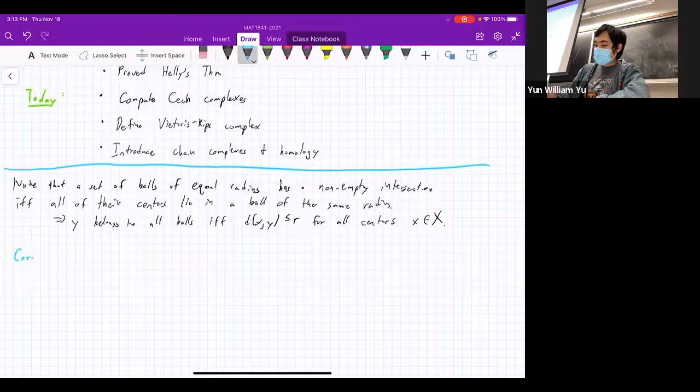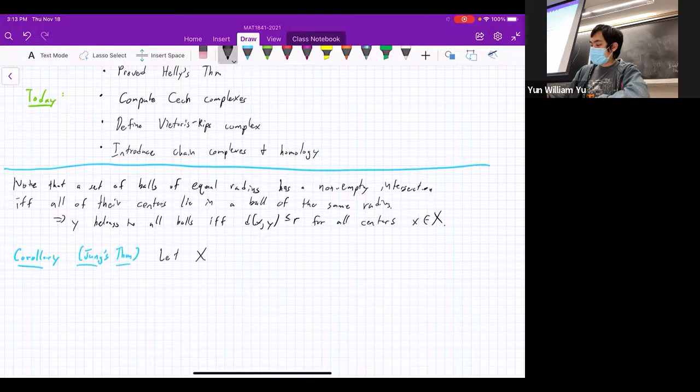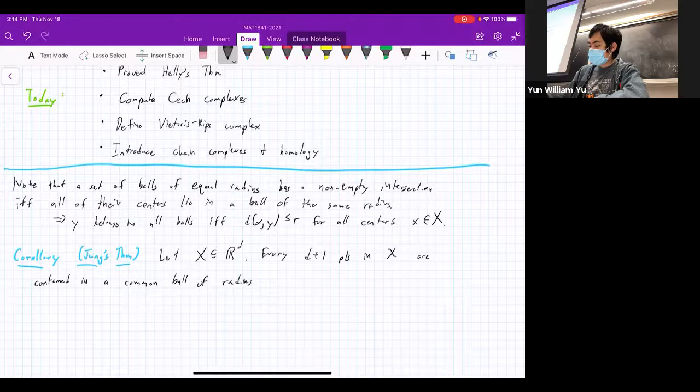And so we get a nice corollary to Helly's theorem. This is also known as Jung's theorem, which is that if we have some finite collection of points X in R^d, then every D plus one points in X are contained in a common ball of radius r if and only if all points in X are.